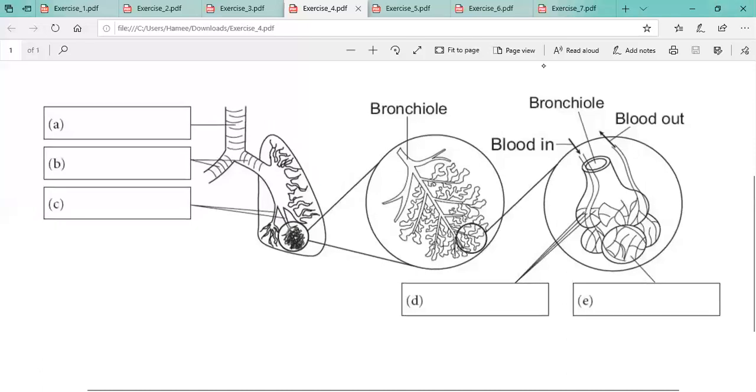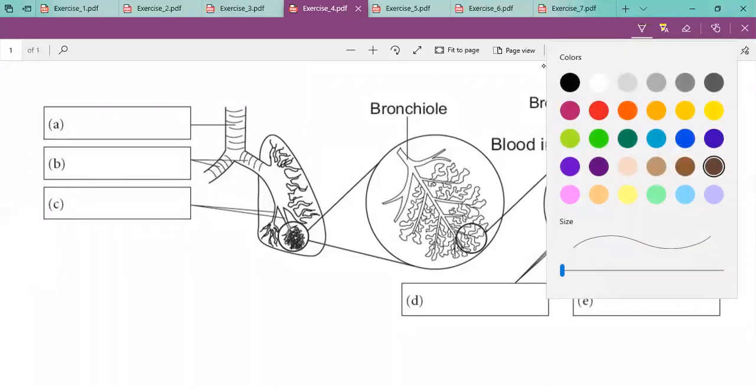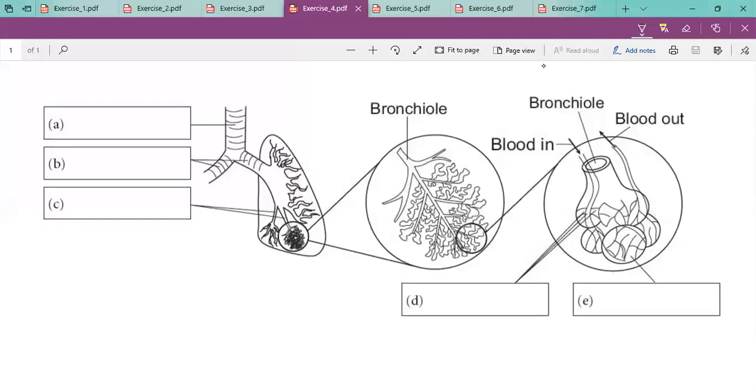So this is the trachea. This is the bronchus. This is the bronchioles.